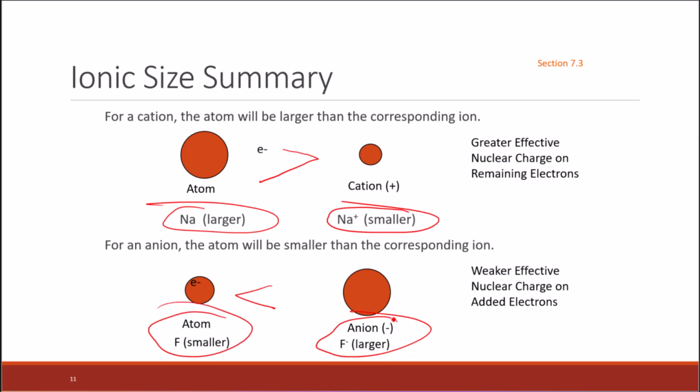Remember the relationship between atoms and their anions, or atoms and their cations. And metals tend to form cations. They tend to give up electrons. That's just a property of metals. And then non-metals tend to gain electrons. That's a property of non-metals.